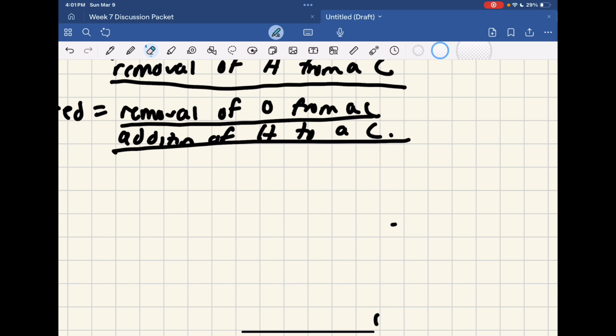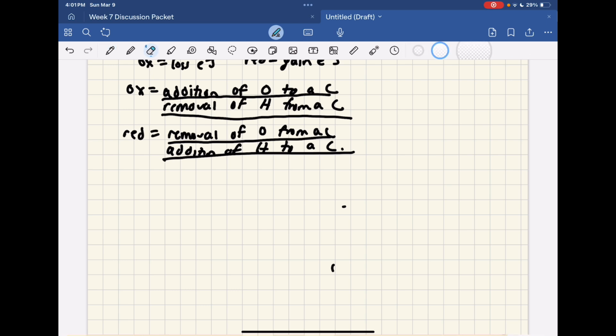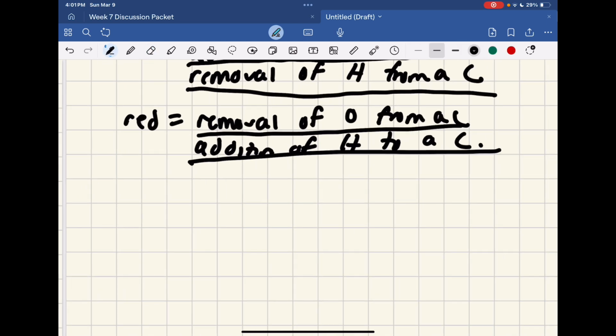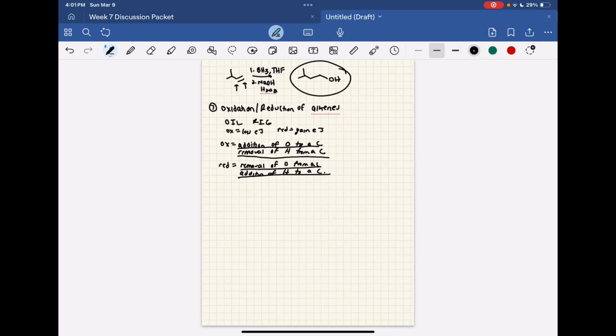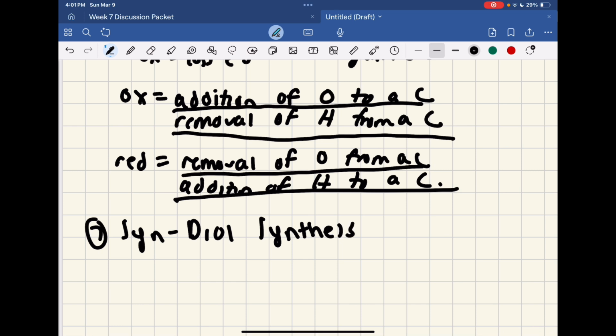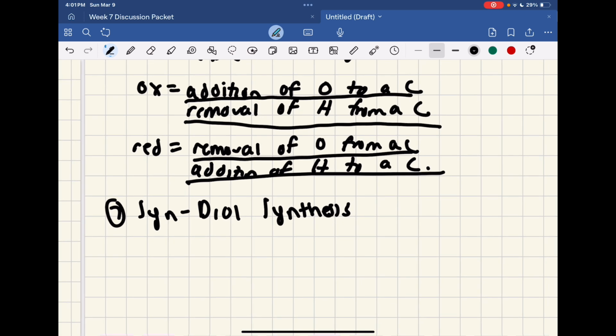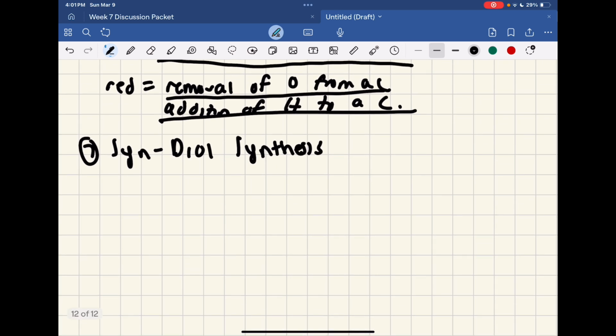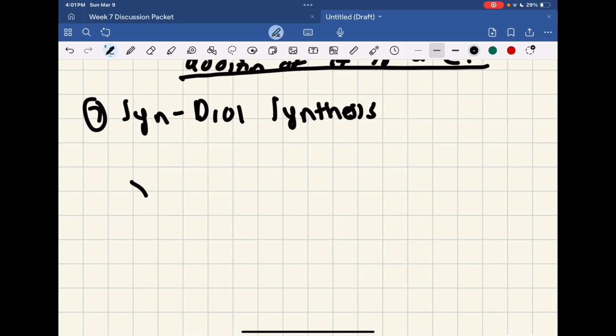Okay, so the first one is going to be something called syn diol synthesis. So I guess this is reaction 6, I think, or 7. Okay, so 7. Syn diol synthesis. So if we break that word apart, it would be same orientation, diol forming. Okay, so what does this look like? A generic alkene.